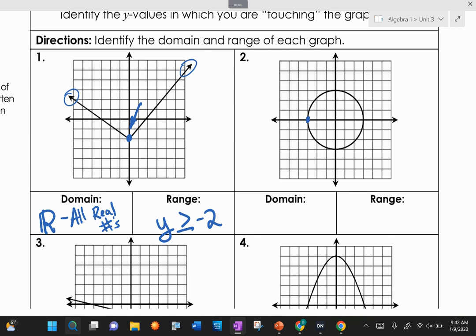And then if I keep scanning, it goes till which value? +3, right? So if I want to write this as an inequality, I've got -3 is less than or equal to x, and x is less than or equal to 3. So you can just smush them together.